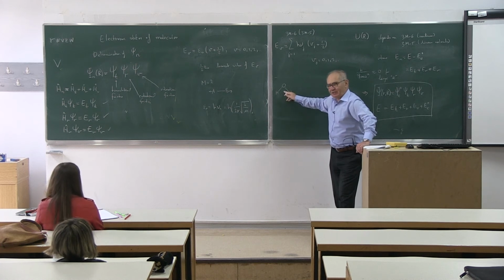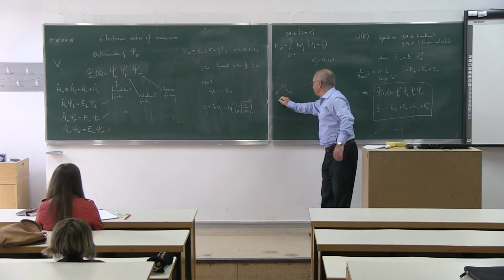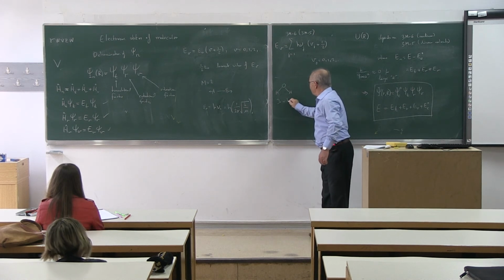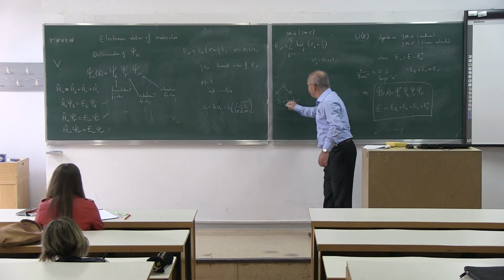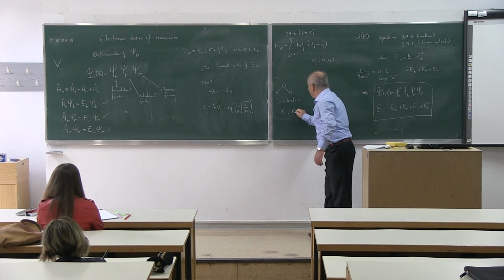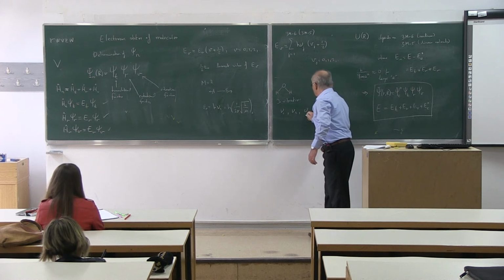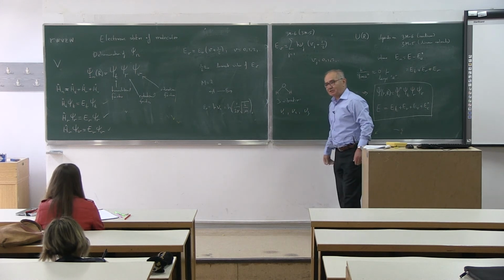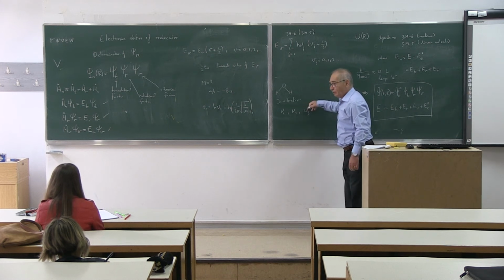Number of vibrations here is how many? 3 times m minus 6. m is 3 here. 3 times 3 is 9 minus 6. There are 3 vibrations. We are labeling these vibrations with the symbols nu1, nu2, and nu3. These are the 3 different vibrational frequencies for the water molecule.